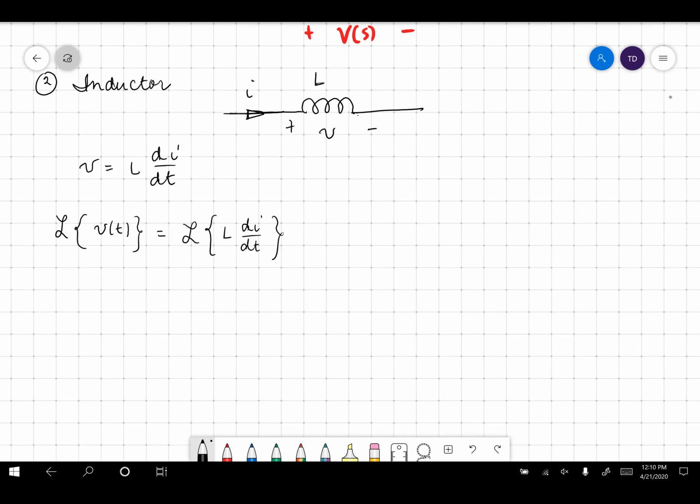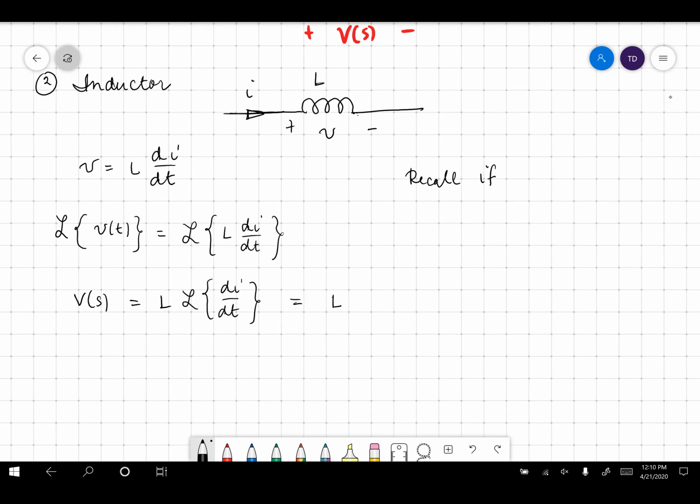Left-hand side, pretty simple: V of S. Right-hand side, L is a constant. I can pull that out in front of the Laplace transform. It's just a multiplier. And then I have the Laplace transform of di dt. Now we can resort back to our properties. When I take a derivative of a function, let's see if we can recall up here.